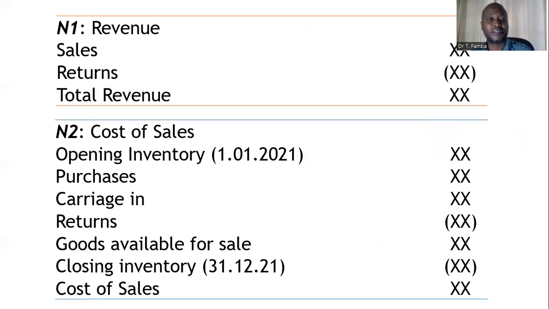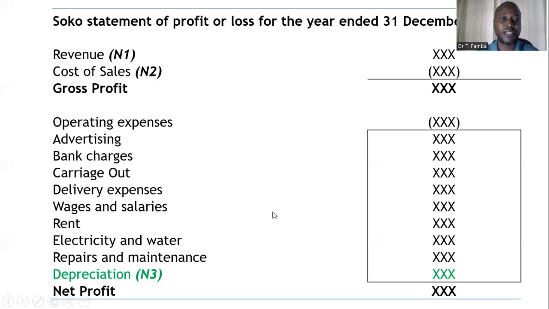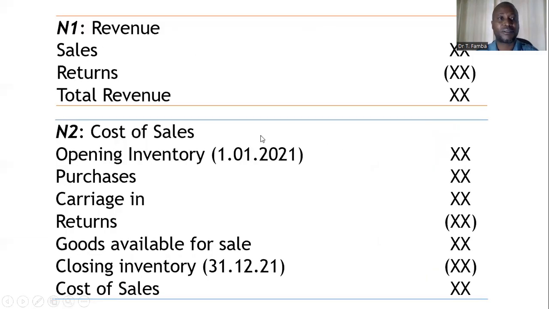Then this is how you come up with the various figures for the statement of profit or loss. For instance, for revenue, you bring in your sales and then you deduct your returns, which should give you the revenue.